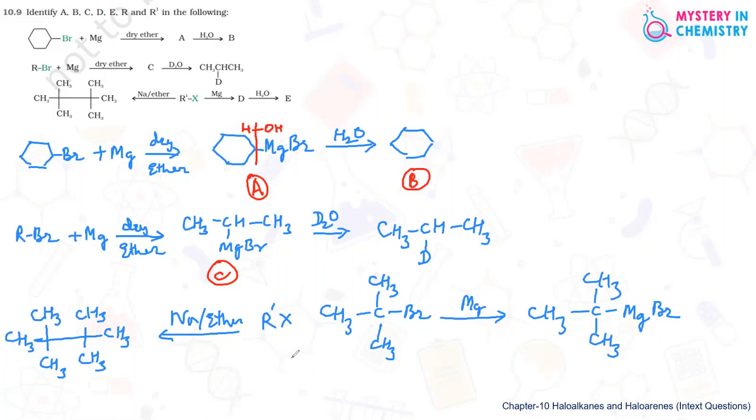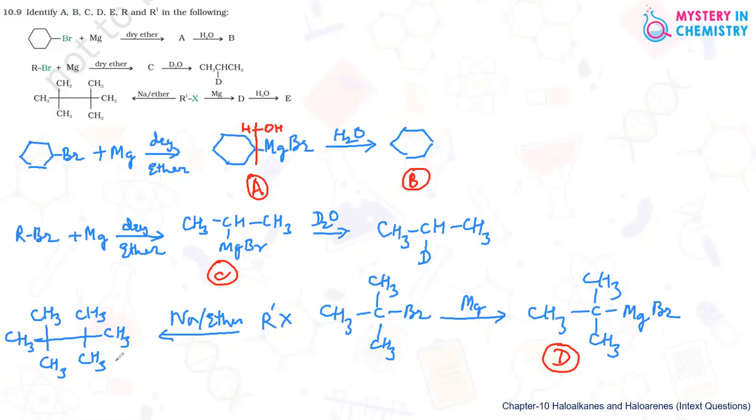So D compound should be this one. And it is true because this compound formation is only possible if the alkyl halide is this one. And if the alkyl halide is this one, then only it can react with sodium and ether in Wurtz reaction actually. And by this we can get these higher alkanes.